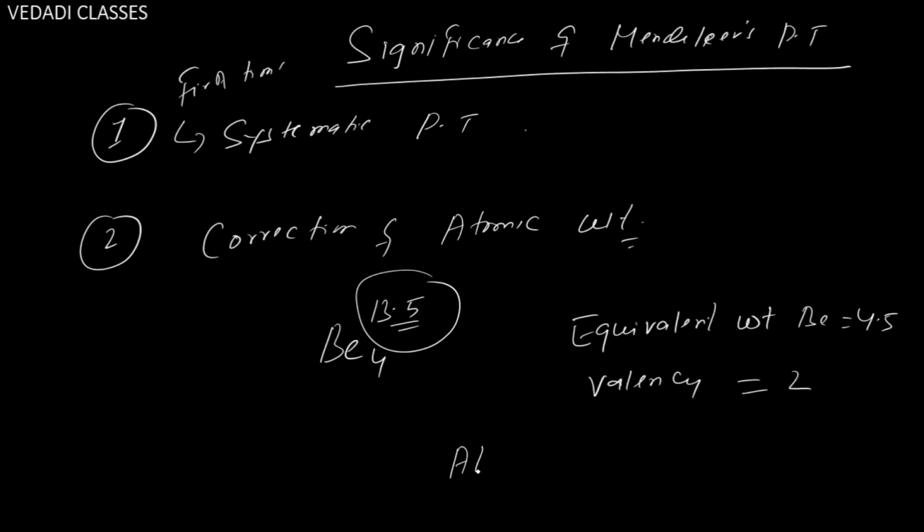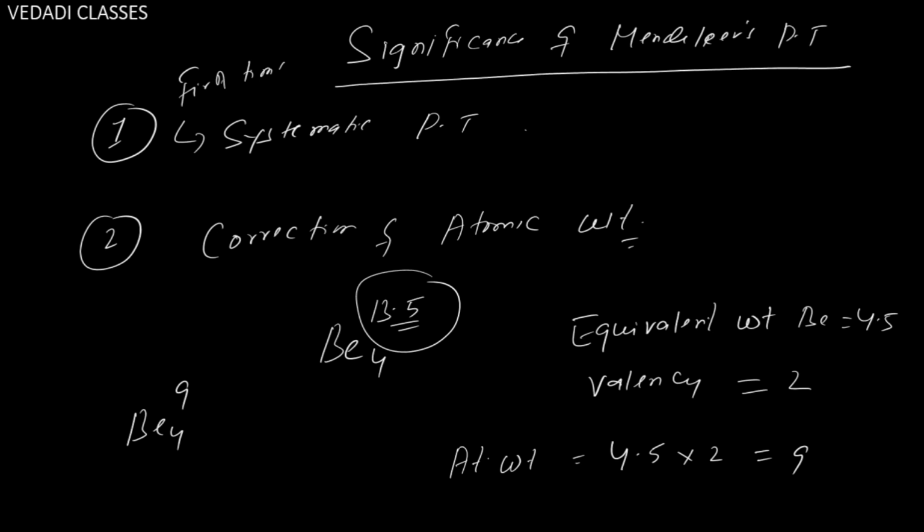Atomic weight is the product of equivalent weight and valency, so 4.5 into 2 comes to 9. So he corrected it and said that beryllium has atomic weight 9, and 13.5 is not justified. This was the first time he corrected the atomic weight of some elements.